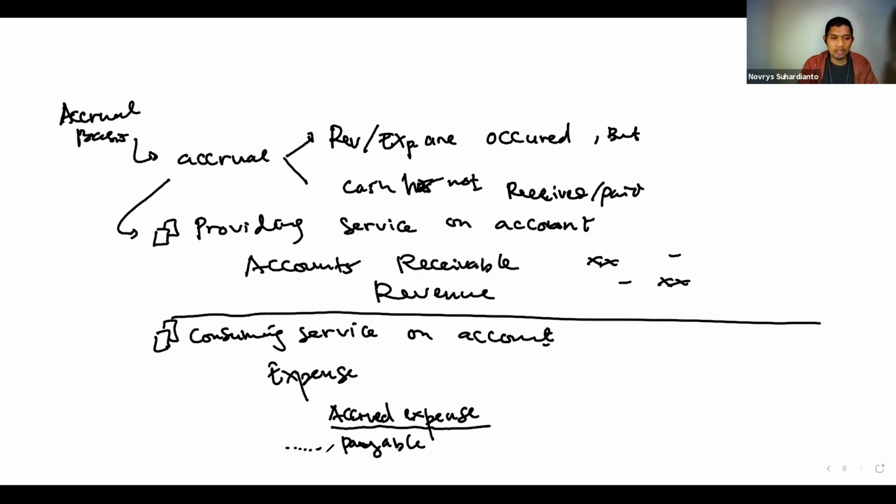They can put any term before payable, like wages payable, service payable, or another thing. But it's actually a liability account, right? So after consuming the service, the company should record an expense, so they debit expense.